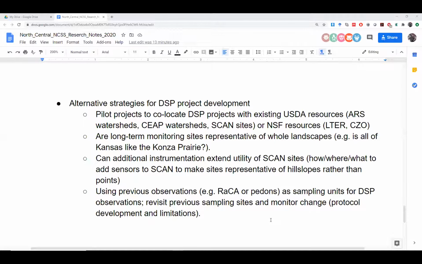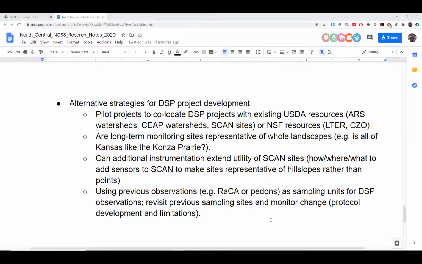So co-locating projects with existing USDA resources like ARS watersheds and SCAN sites, as well as reaching across to NSF resources. And then thinking about what the validity of those long-term monitoring sites would be for dynamic soil properties. Are they the most representative of the types of data we're interested in?